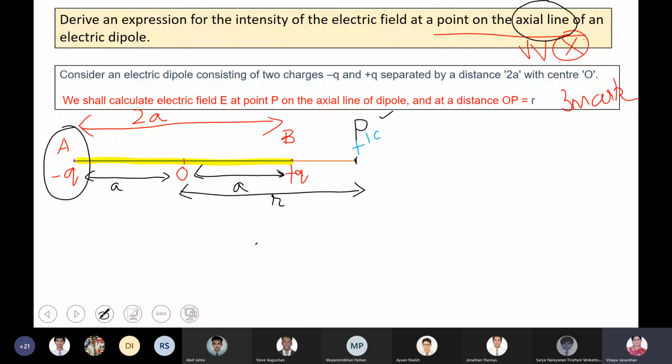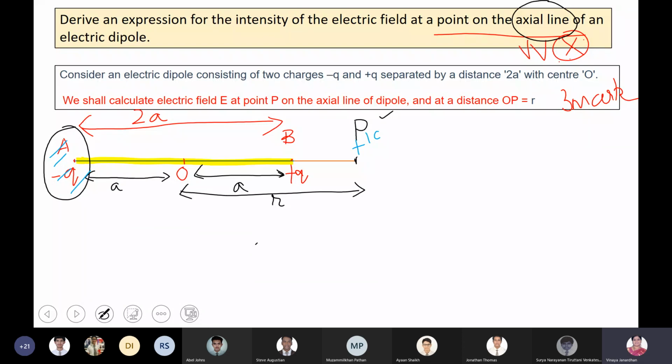If I don't think of the other charge, I only consider the charge which is at point A. This is going to create an electric field at point P. Now what is the strength of the electric field at point P due to the charge minus Q at A? For that, let me place a +1 coulomb test charge at point P. Now this will experience a force of attraction or repulsion.